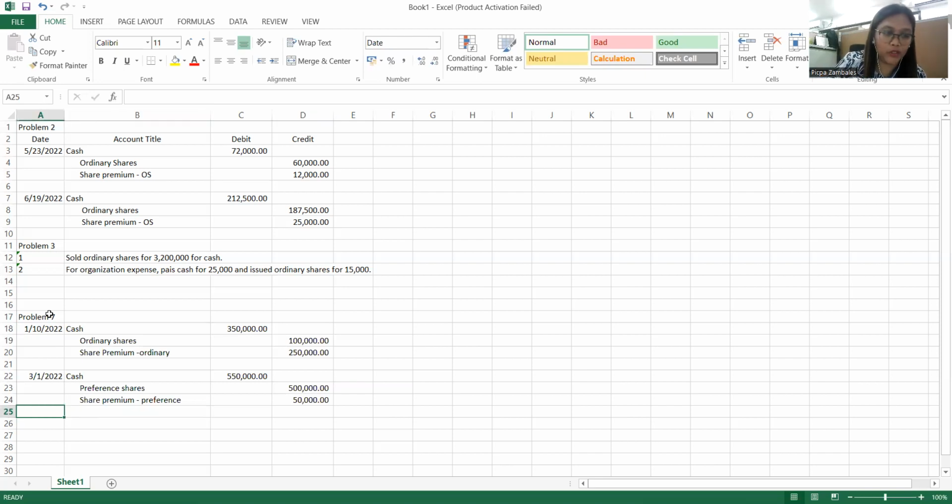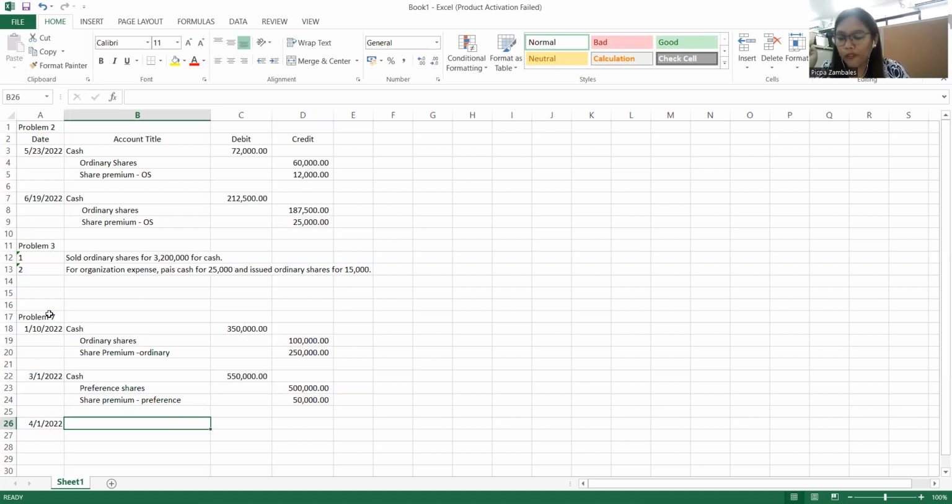Okay, next. April 1. On April 1, the corporation issued 2,500 ordinary shares for land. The asking price for land was 90,000 and the market value of land was 85,000. So again, let's have a review. If it is a non-cash asset, all you need to get is the fair market value of the asset.